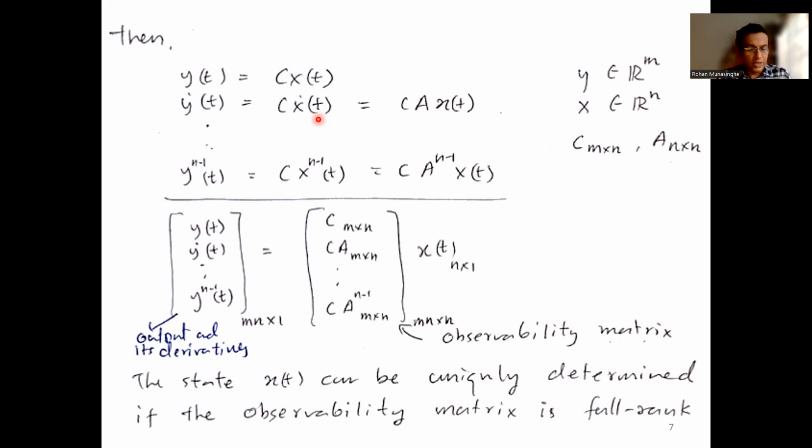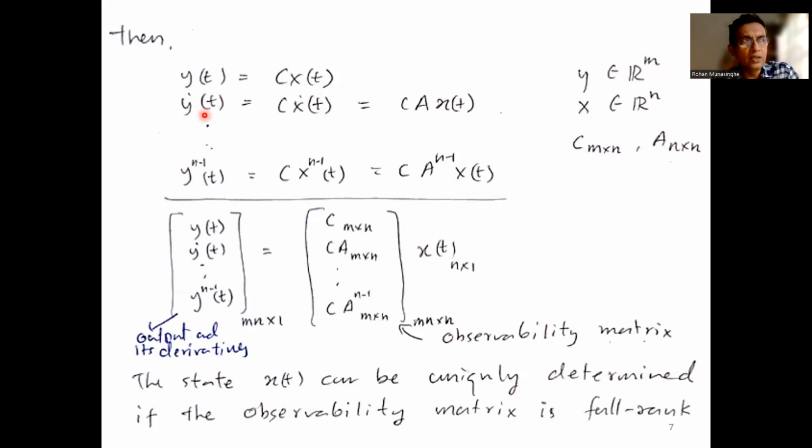So that information is already available. Any combination of whatever you have measured is also available information. In fact, here we use successive derivatives of y(t) as available information.